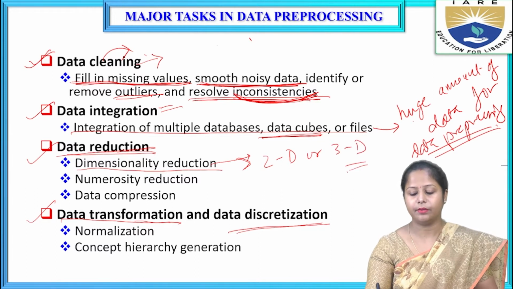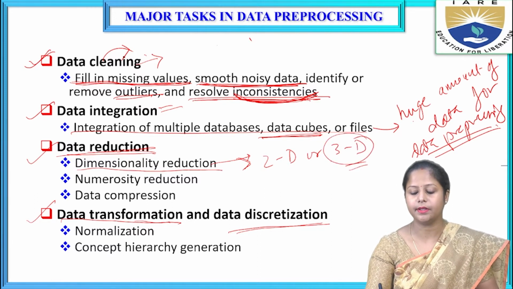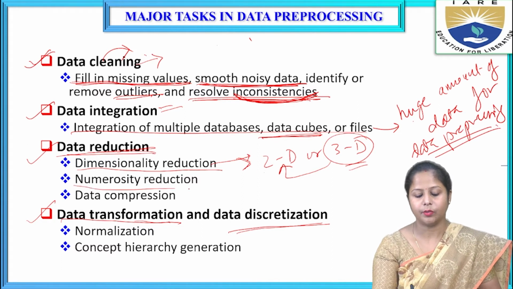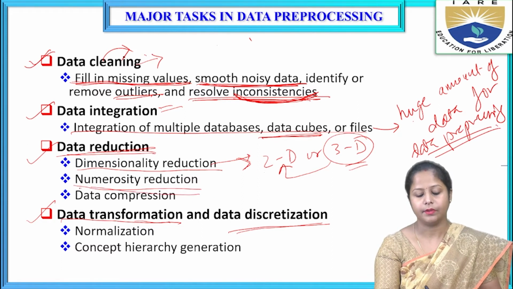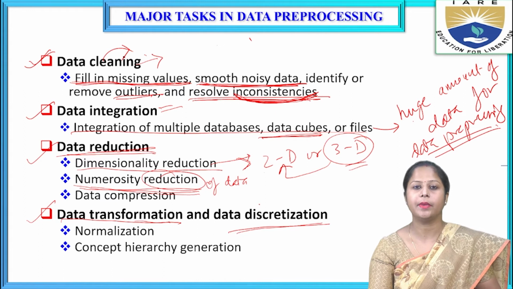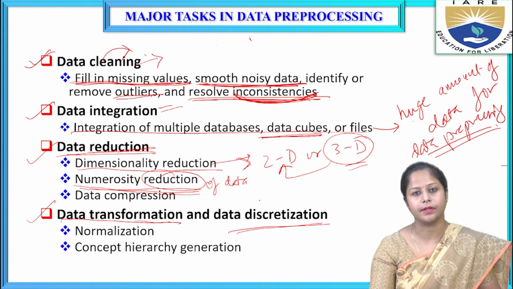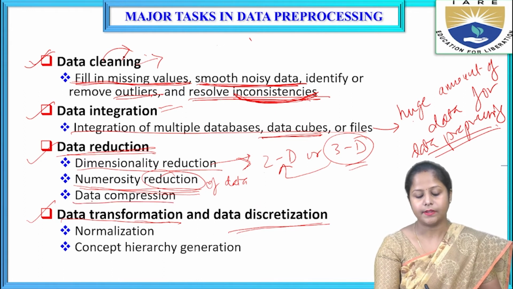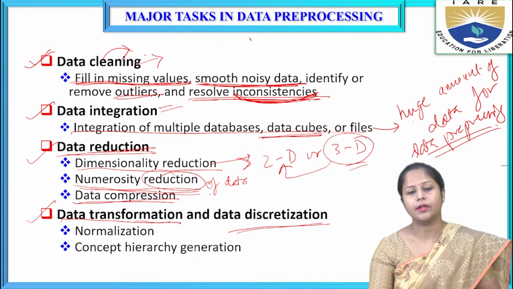If we have 3D data, then we need to reduce it to 2D data, then we can work on that data. Numerosity reduction of data is another method for numeric type of data. Next is data compression, which also comes under data reduction.